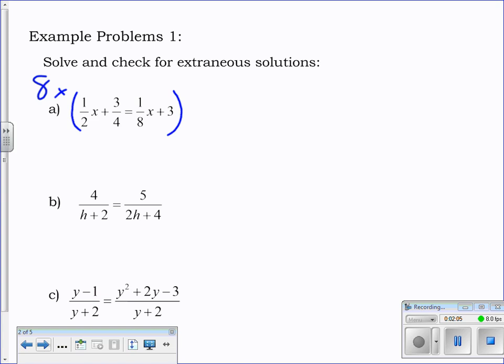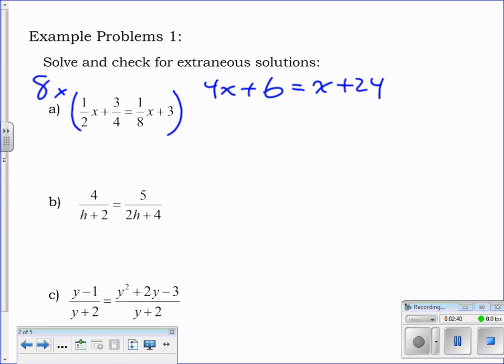8 times 1/2, half of 8 is 4, so I have 4x. 8 times 3/4 is 6, equals 8 times 1/8 is 1, so I have x. And then 8 times 3 is 24.